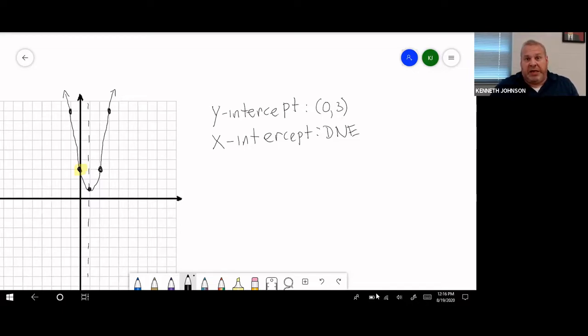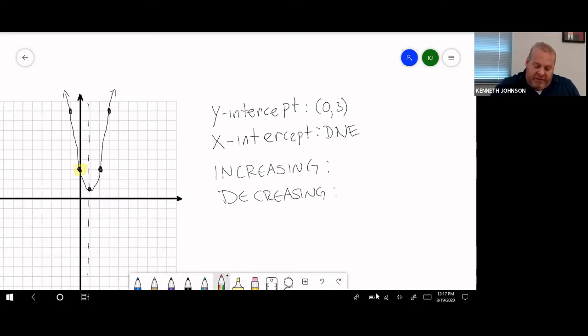Another thing they may ask us to do is to say, where is the function increasing and where is it decreasing? Okay, so increasing and decreasing. We always look at this from left to right. So if I'm looking at my graph and starting from left to right, I can see that right here, it's coming down.